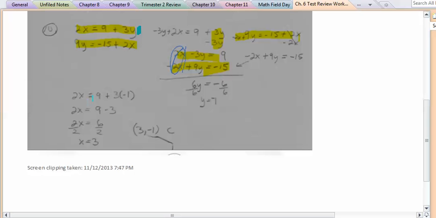So see, this is this original equation. I took that negative 1, I put it in here, I got 3, I did the math, divided, and I got my x is equal to 3. Okay, so that took a little bit of work. I moved both equations, so I got the x and y on one side, and I was able to eliminate the x.